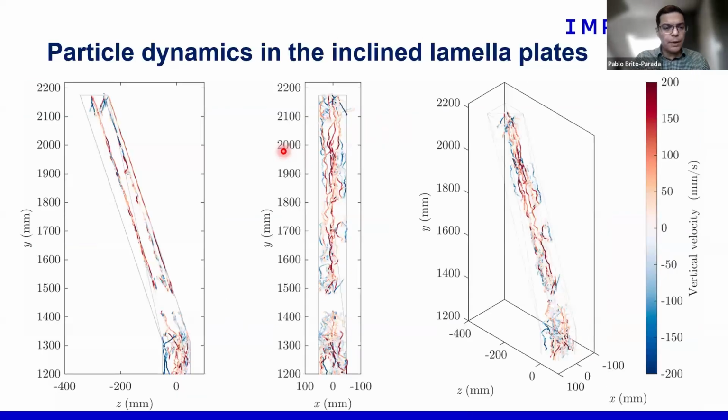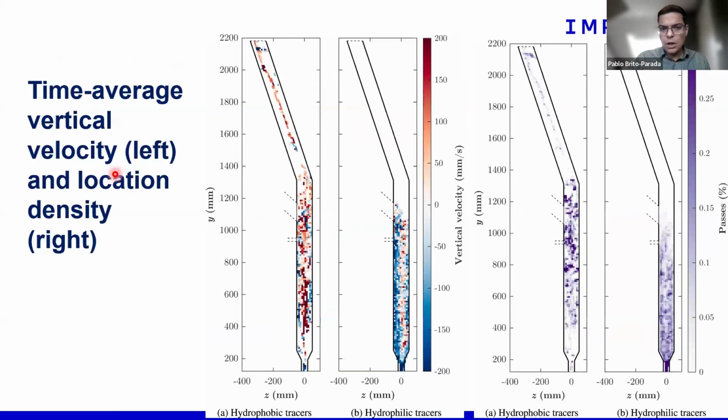It was interesting because, in this particular case, we could see most of the tracks primarily in some of those sections. We can then also get time average vertical velocity and occupancy for these, in this case in terms of number of passes, and start quantifying.